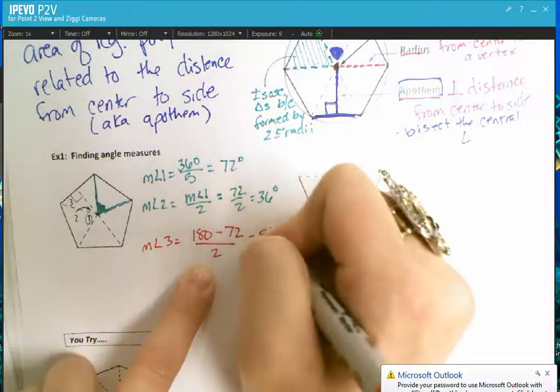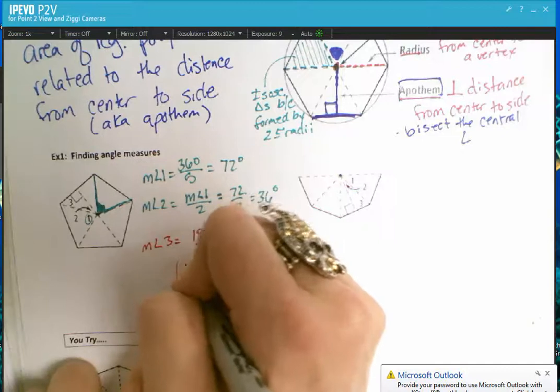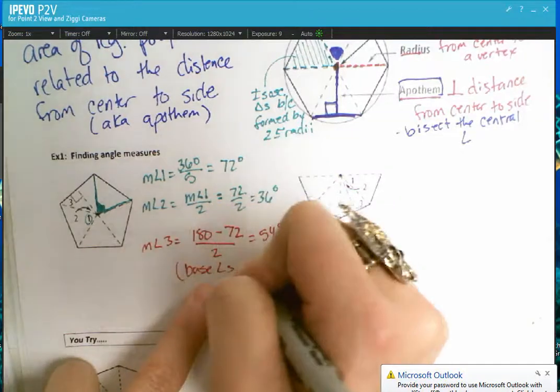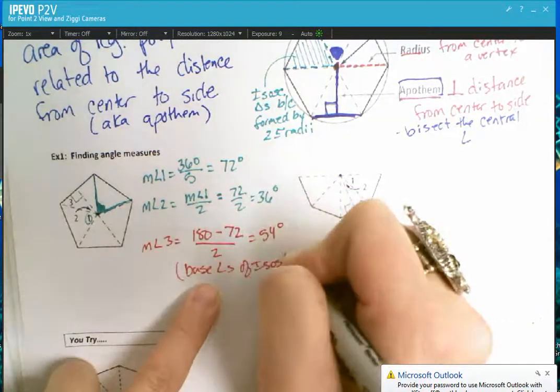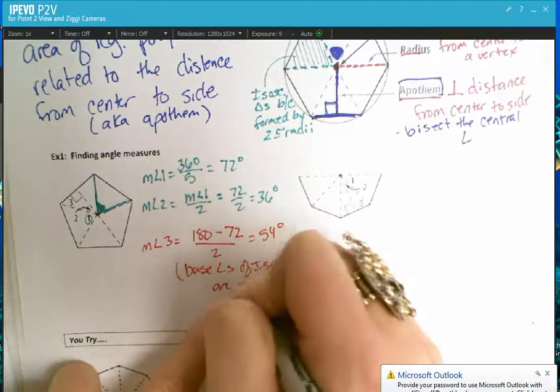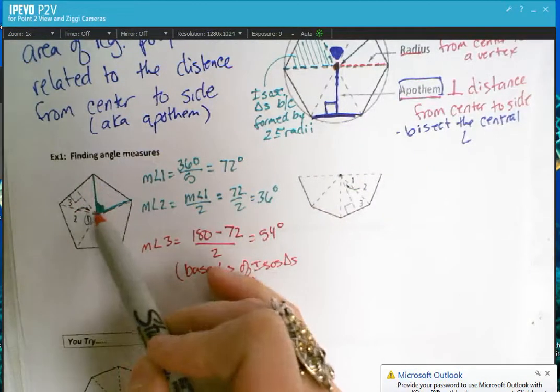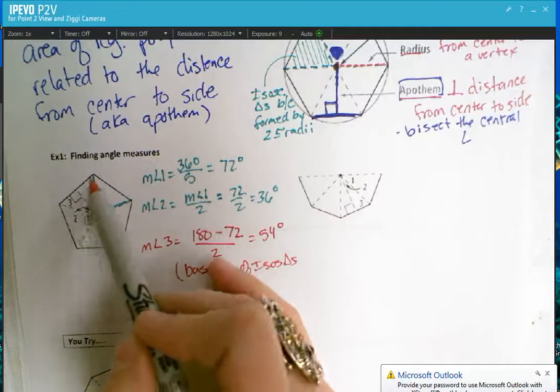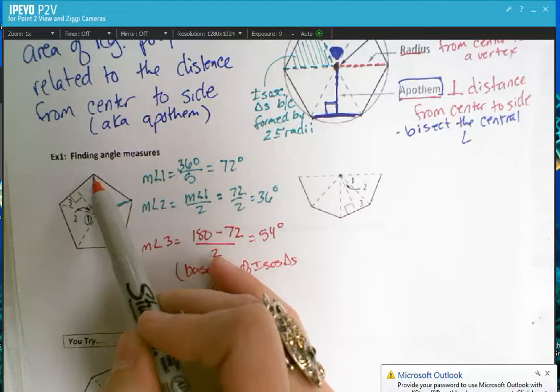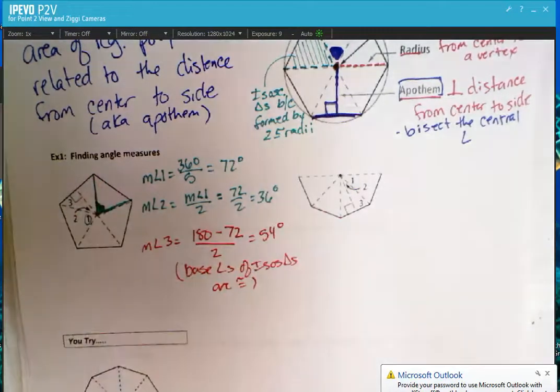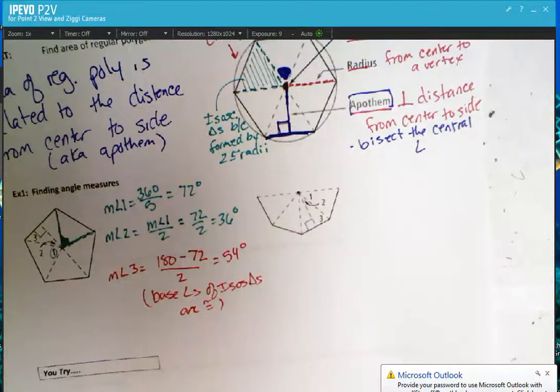It's equal to 54 degrees. Base angles of isosceles triangles are congruent. So we took this whole 180, subtracted the 72, and then divided by 2 to get the 3 and the 2 base angles.